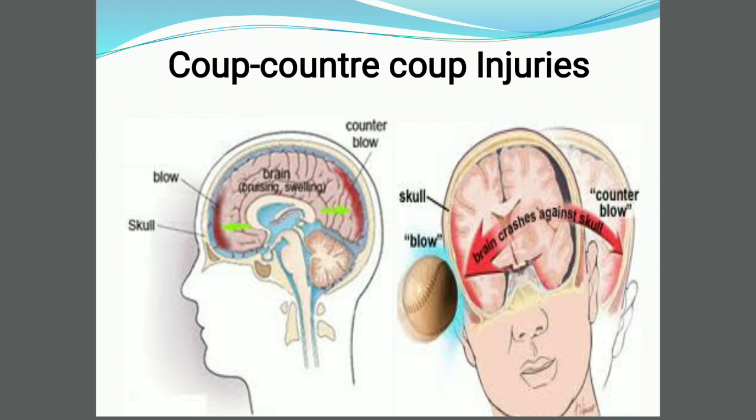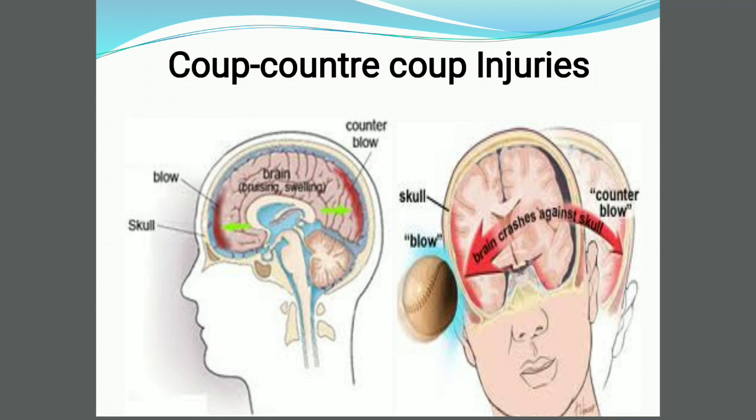And contrecoup occurs on the opposite side from where the impact occurs. So coup-contrecoup means the injuries occur in both places, directly to the brain and opposite from where the impact occurs.